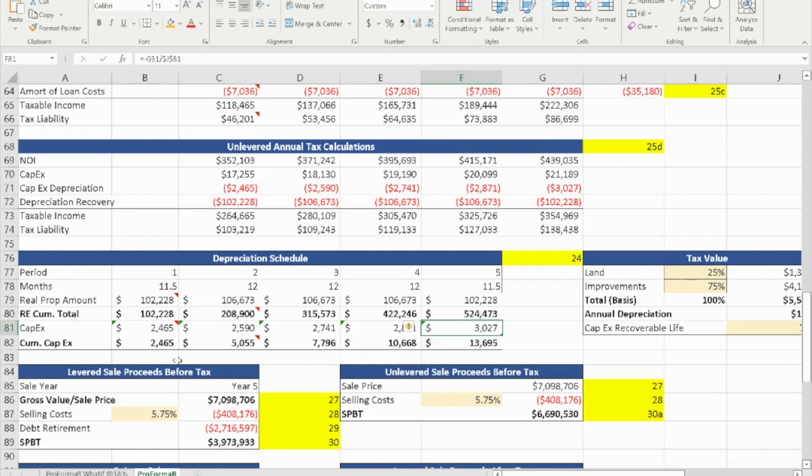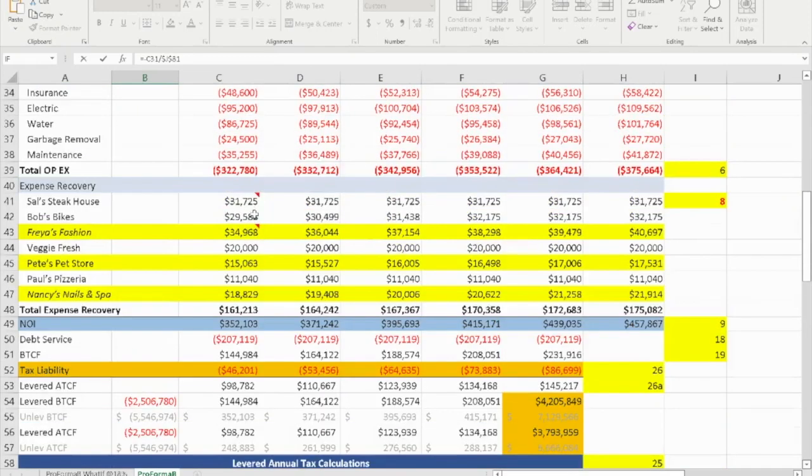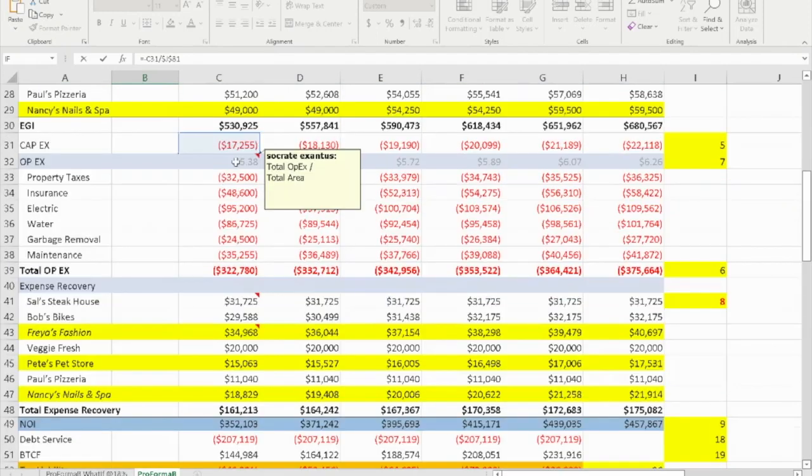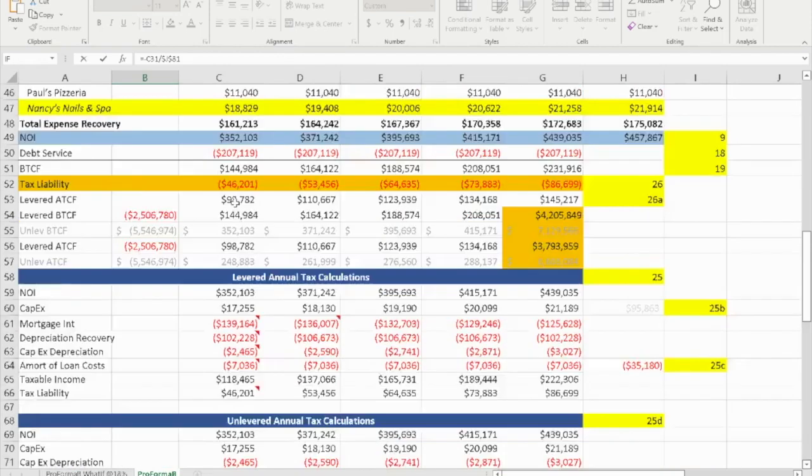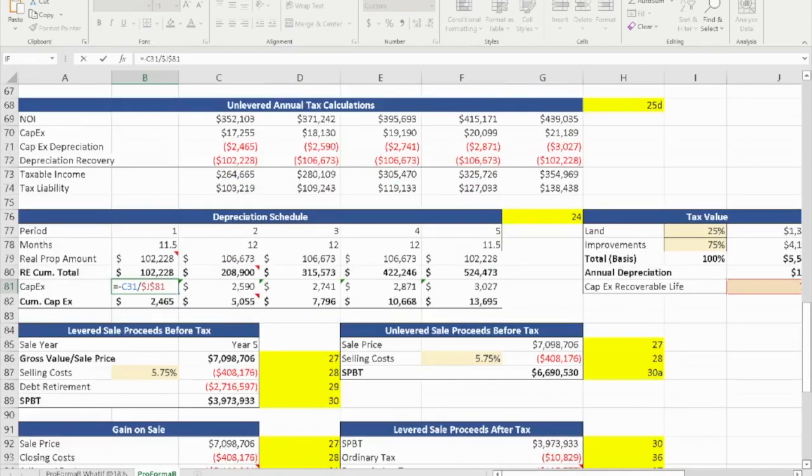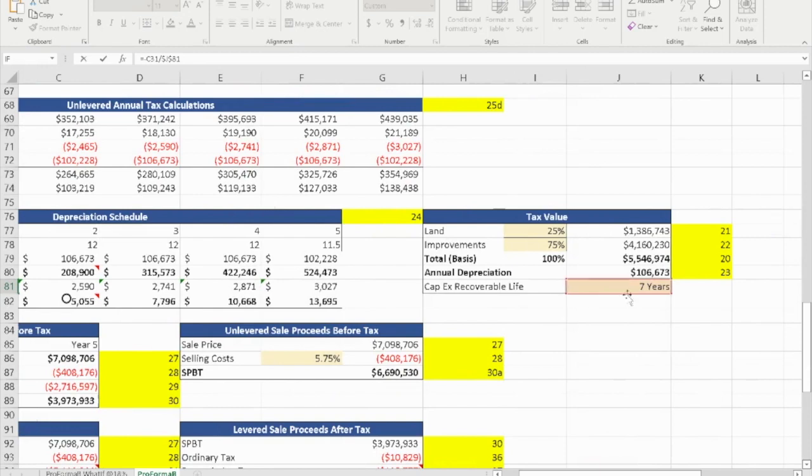$524,000. To calculate the CapEx depreciation, we're going to divide the CapEx that was referenced above, the 17,000. And as I mentioned before, the CapEx recoverable life was 7 years.